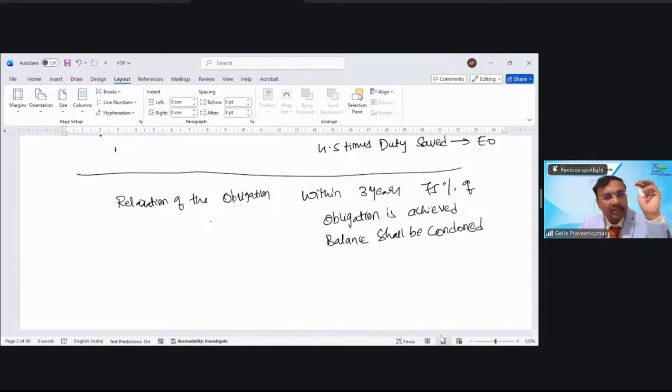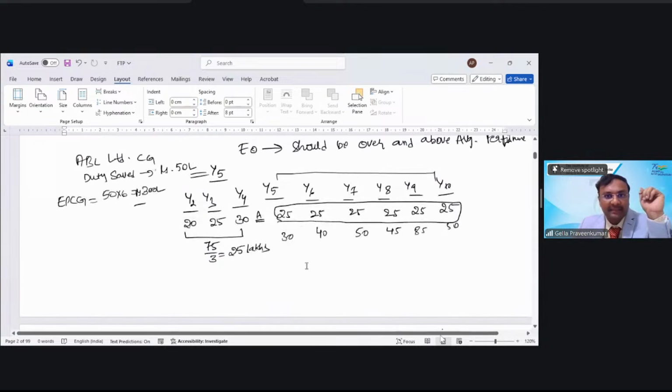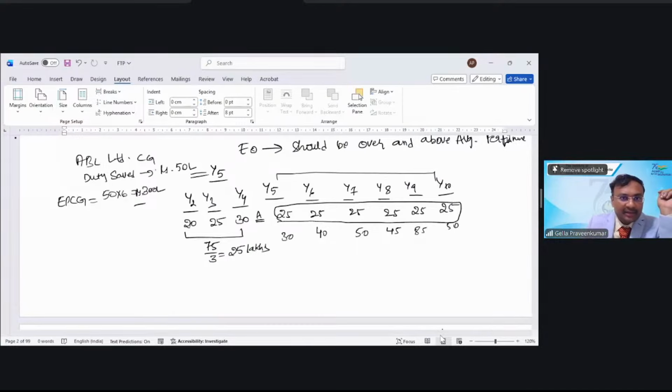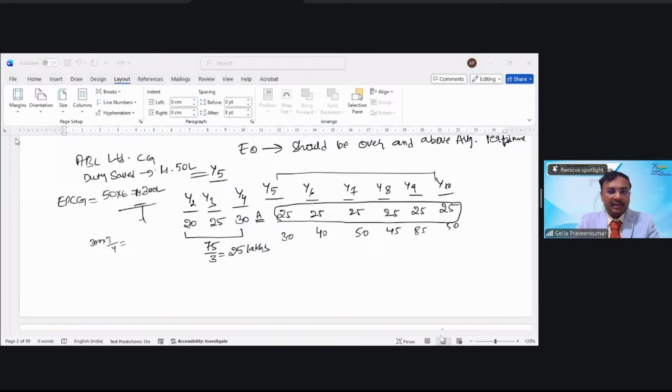Government says that you have to perform that 6 times, but in case you're really doing well, like in the example here where I have an obligation of 300 lakhs, 75% is 300 into 3 divided by 4, which is 225.